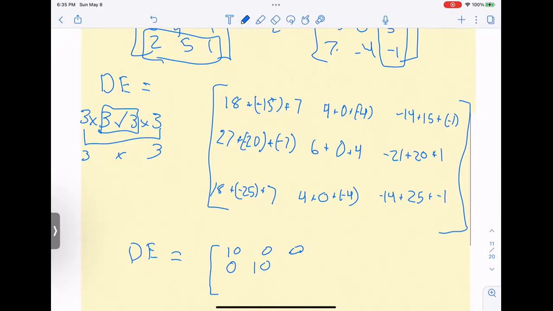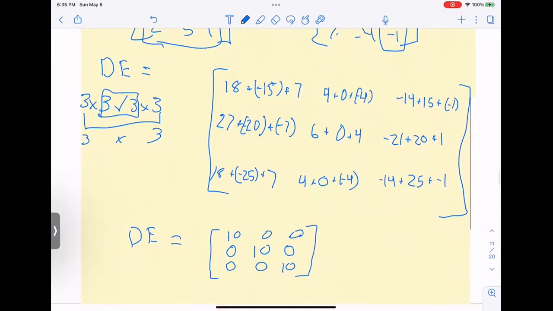Negative 21 plus 20 plus 1 is going to be 0. 18 plus negative 25 plus 7, 0. 4 plus negative 4 is 0. Negative 14 plus 25 plus negative 1 is 10. All right, so that is our answer for DE.